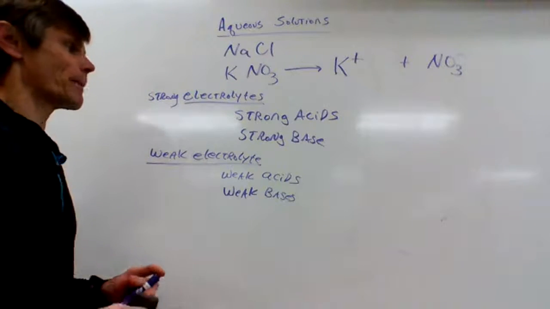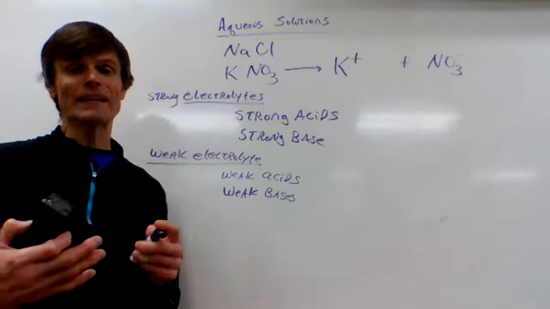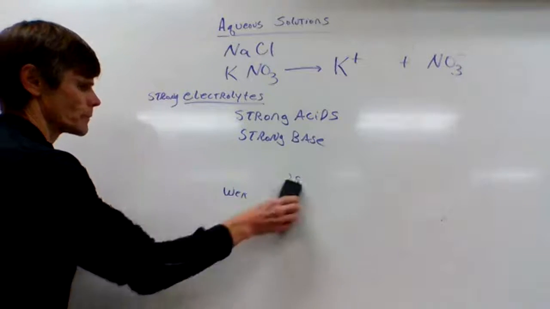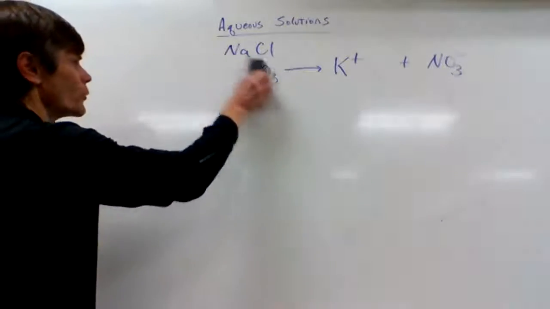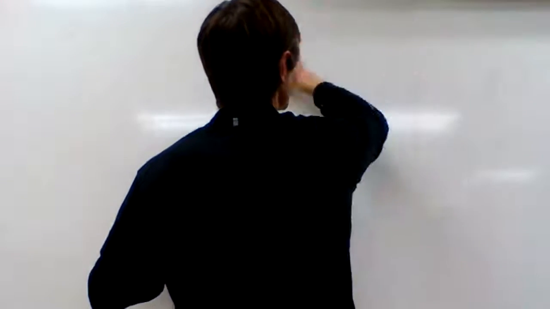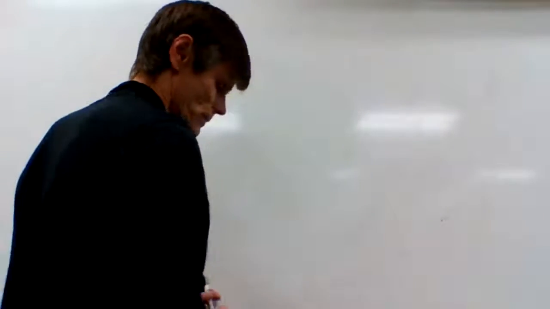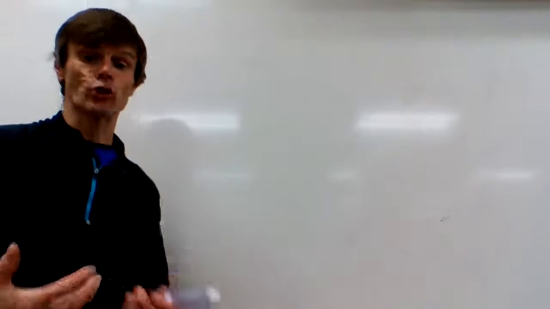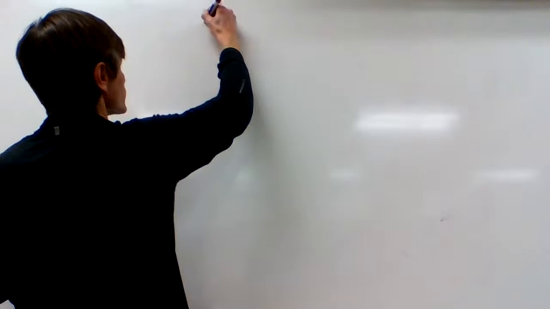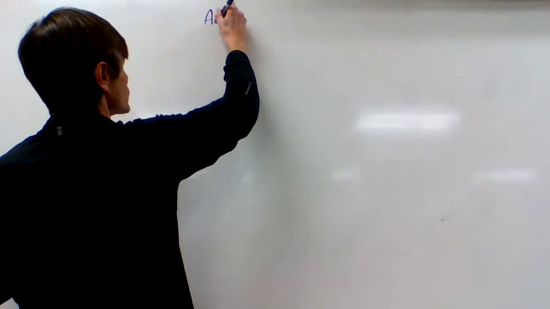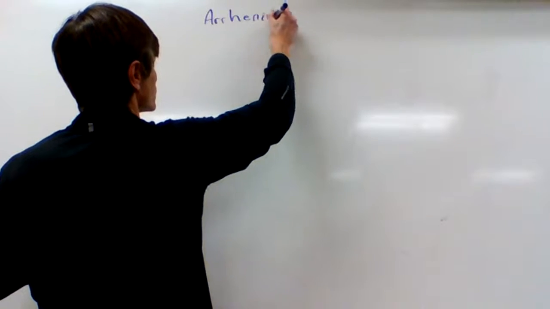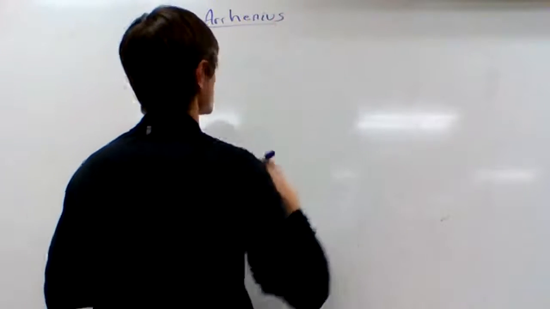Now, to understand acids and bases, we need to introduce some terminology and some definitions. How do we classify or define whether a substance is an acid or a base? Several definitions do exist. One common definition that's usually discussed in a general chemistry class is the Arrhenius definition.